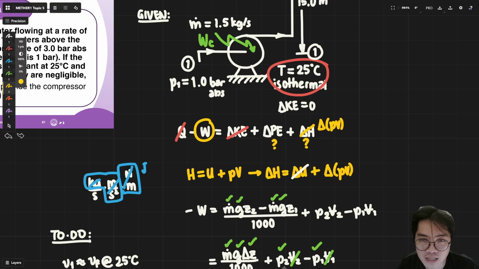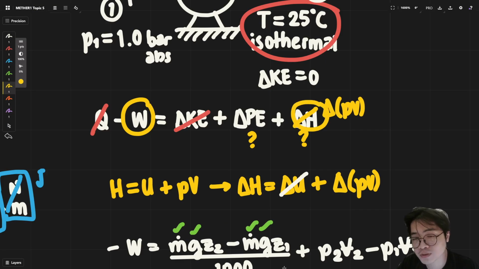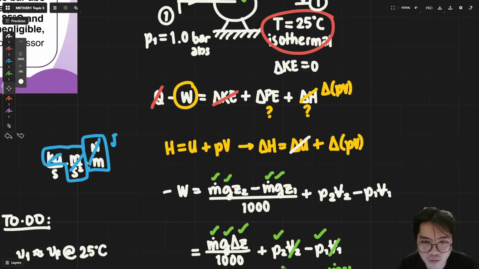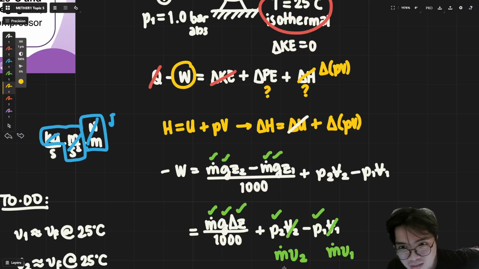Just for a little summary, we were able to say that if this is isothermal, then there's no change in temperature and no change in internal energy. So just like what we did for the pipes before, we can cancel out the delta H and replace it with delta PV. Then you will have your delta PE in here because there is an elevation difference.